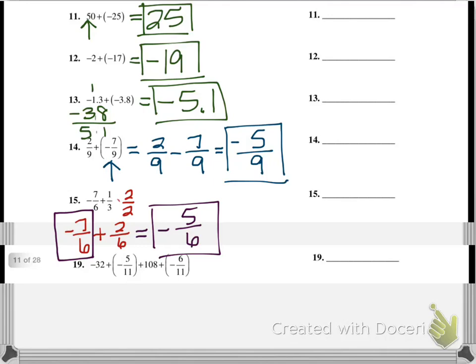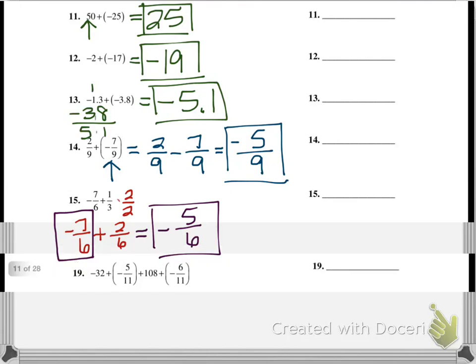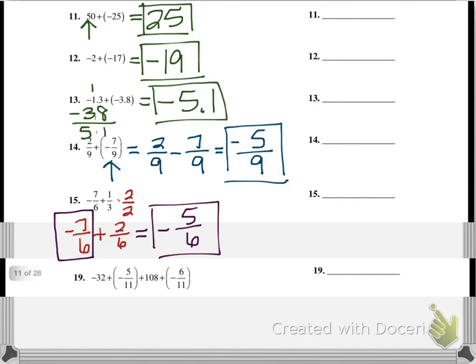And this one down here, number 19, looks a lot more complicated than it really is. I'm going to move it down just a little bit so we have a little bit more room. What I like to do in problems like these is separate the two fractions that have like denominators, and the two whole numbers.